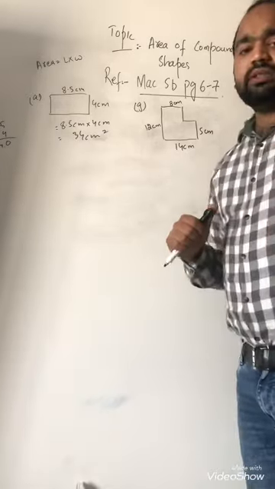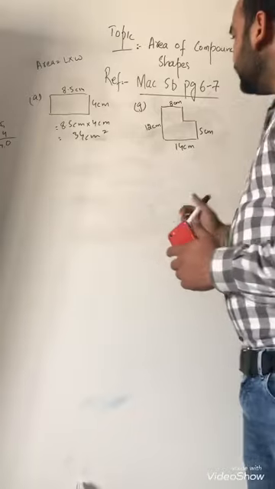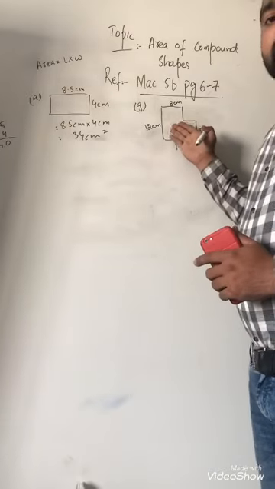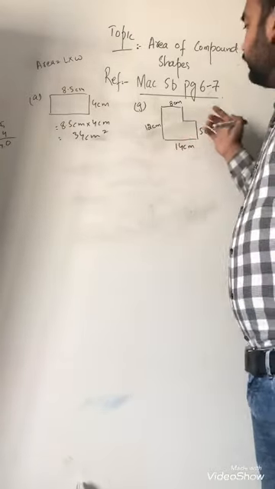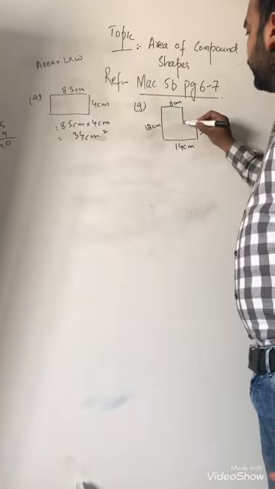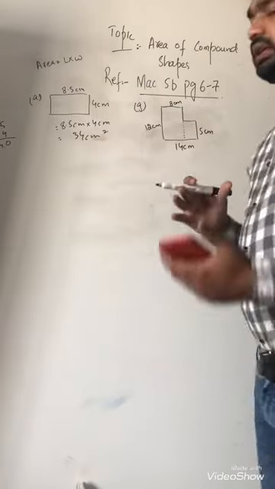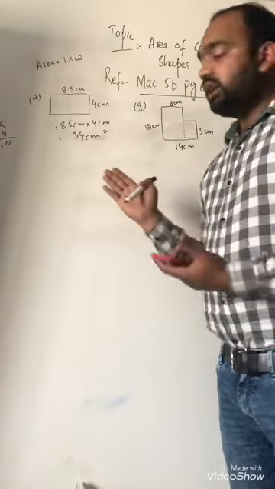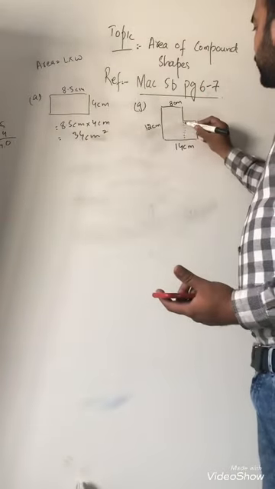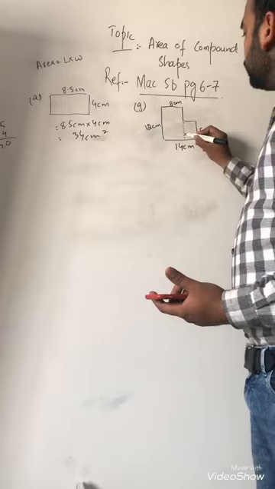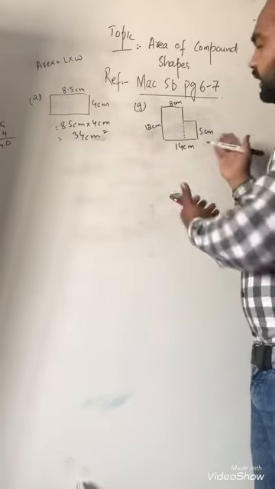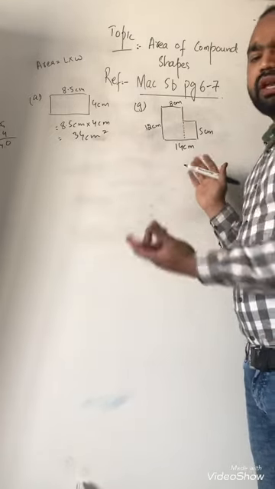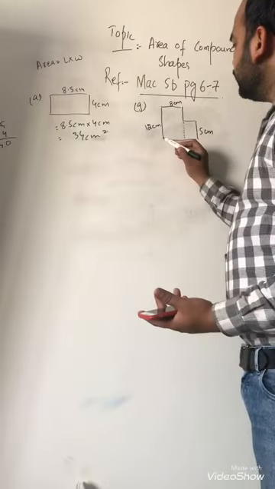Students, keep this in your mind, that in compound shapes we have to divide the shapes to make them simple shapes like this. But here we have a few values given to you.